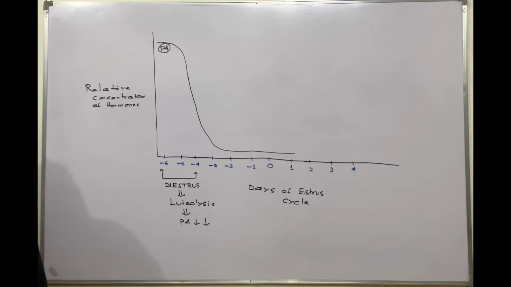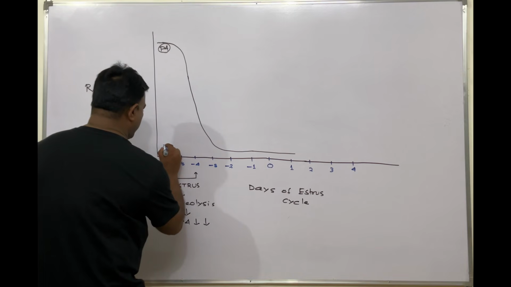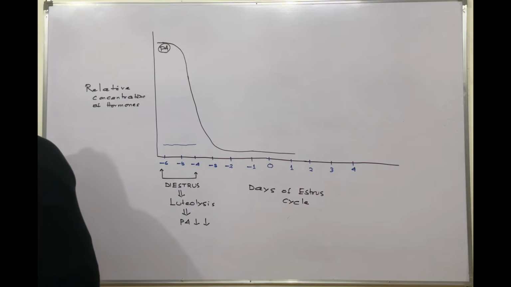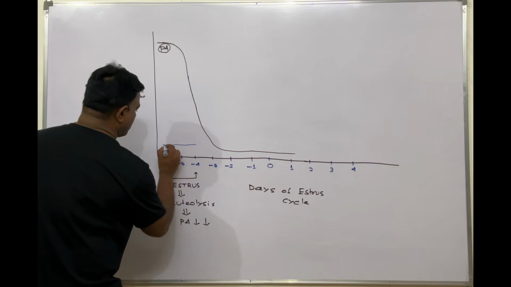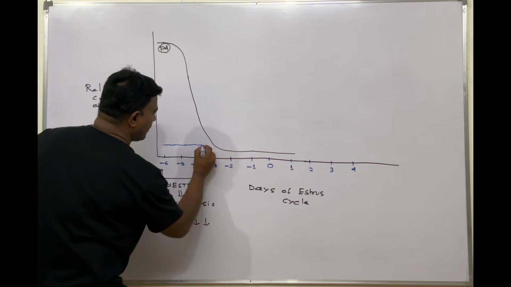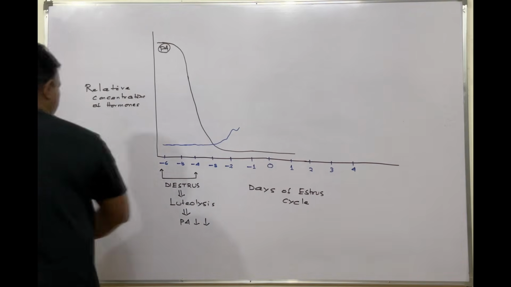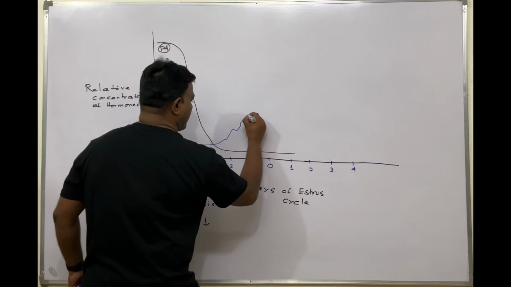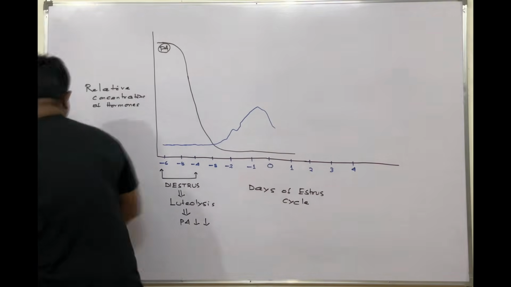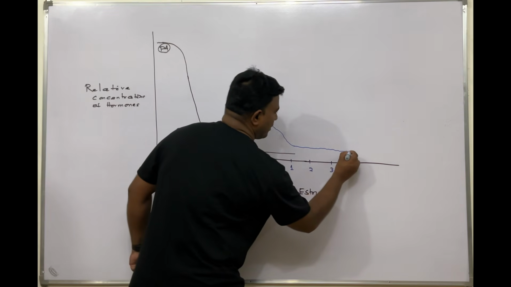Now let's come to the blue one. The FSH level was low, but once the progesterone is falling, just have a look, this FSH is now rising, and at almost -1 and 0 it is peaking, and then it falls again on days 1 and 2, remaining at a basal concentration.